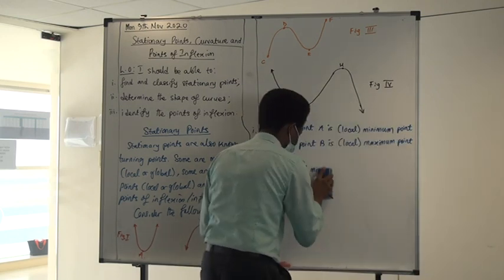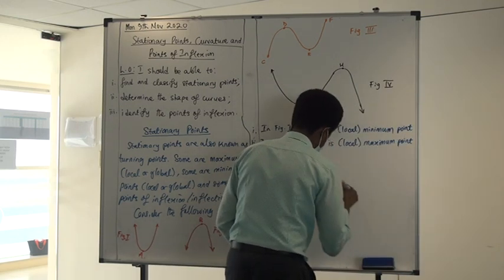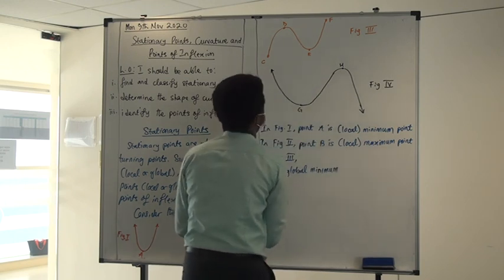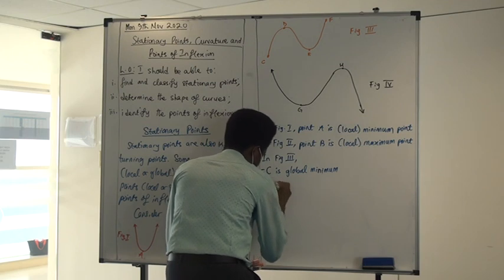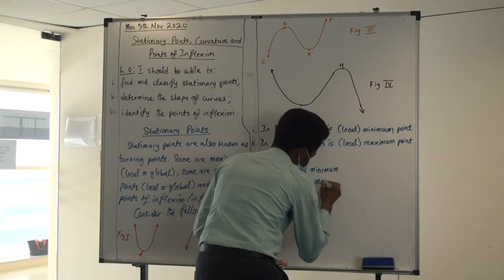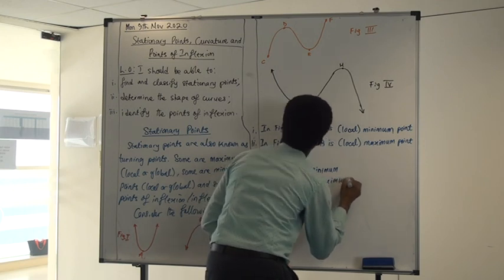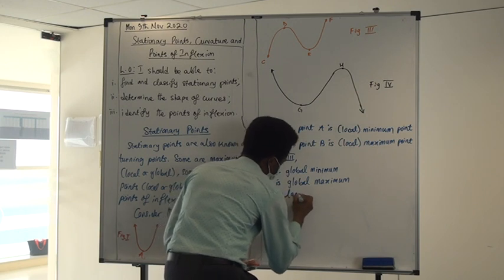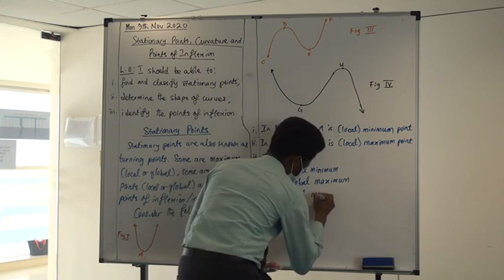F is global maximum. D is local maximum.